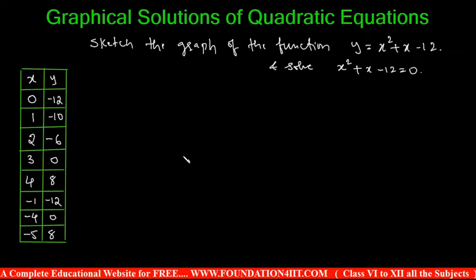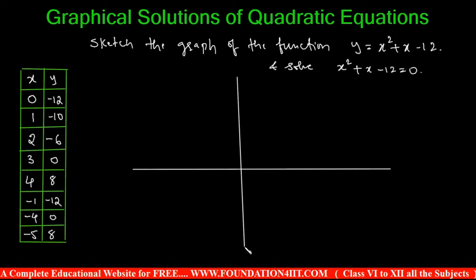Along with the x-axis, I can take 1 division, 1 unit, because the minimum is minus 5 and the maximum is only 4. So let me draw the graph for this. Take the x-axis and the y-axis.